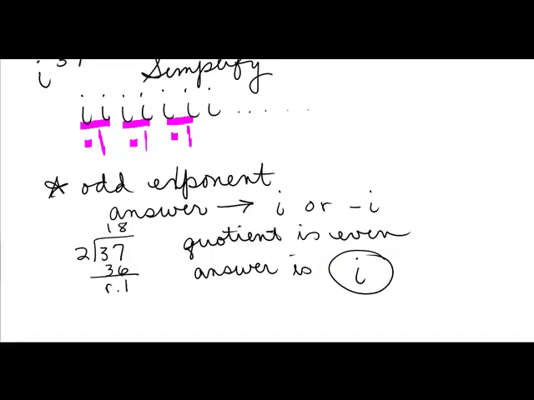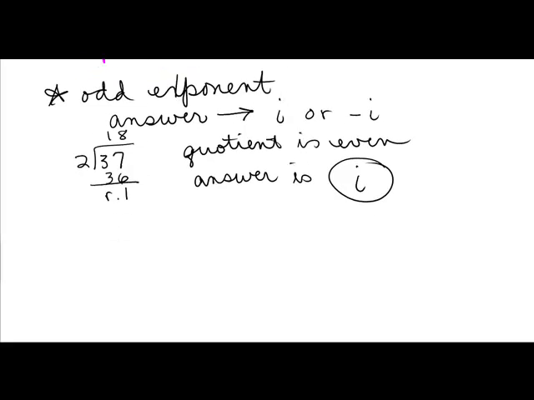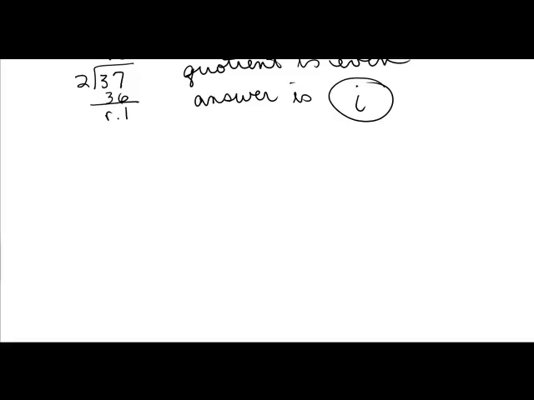Let's do another one. So if we have, let's say, i to the 11. Now this one wouldn't be too hard to write out, all the i's. But we want to remember odd exponent, so my answer choices are i or -i.